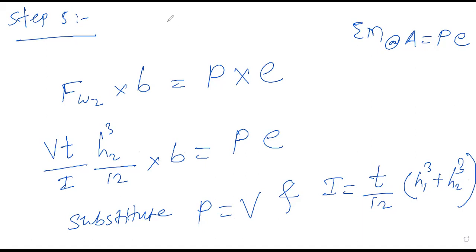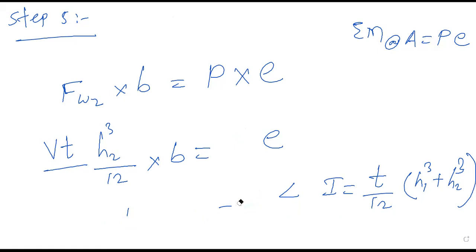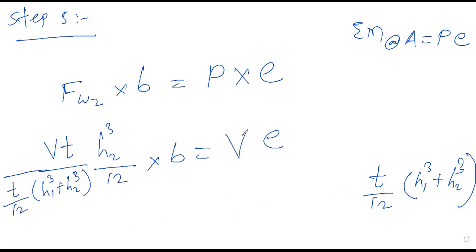So now we have to put the value of I, t by 12, h1 cube plus h2 cube, and P is equal to V. So V gets cancelled.